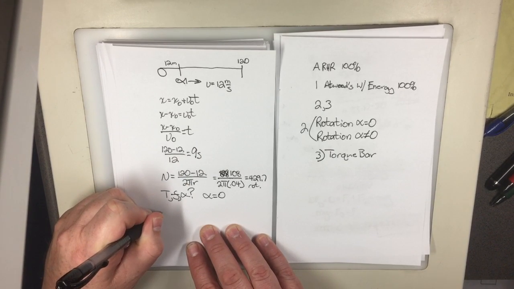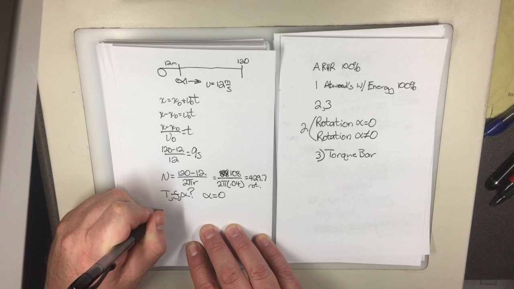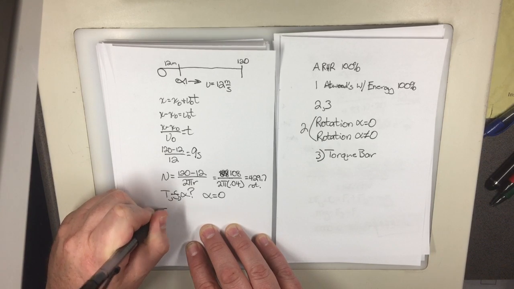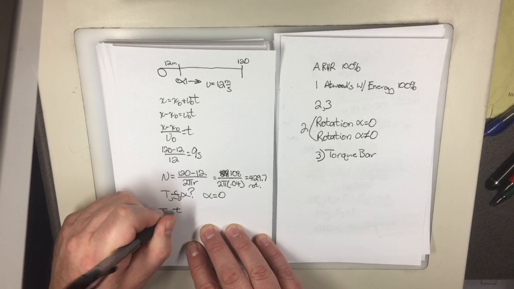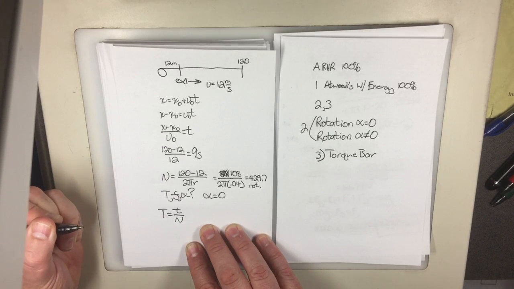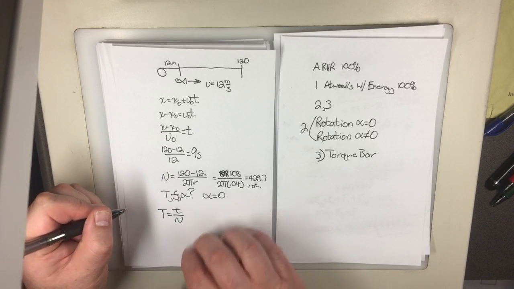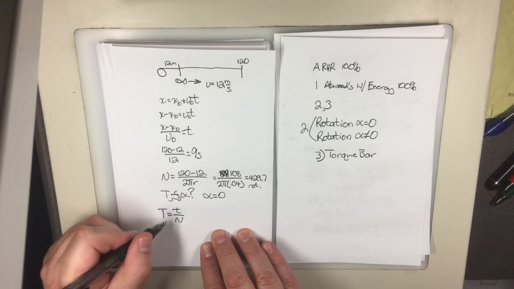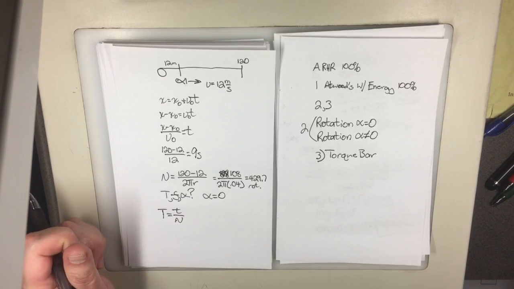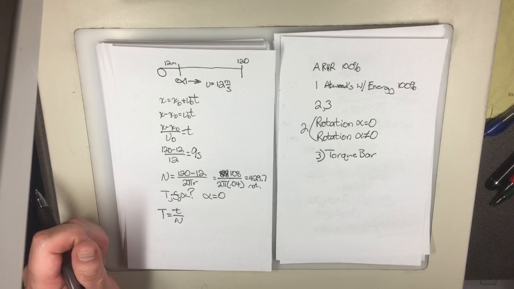Now, we've talked before, period is the total time divided by the number of oscillations. Or you could say that the period times the number of oscillations is the total time.